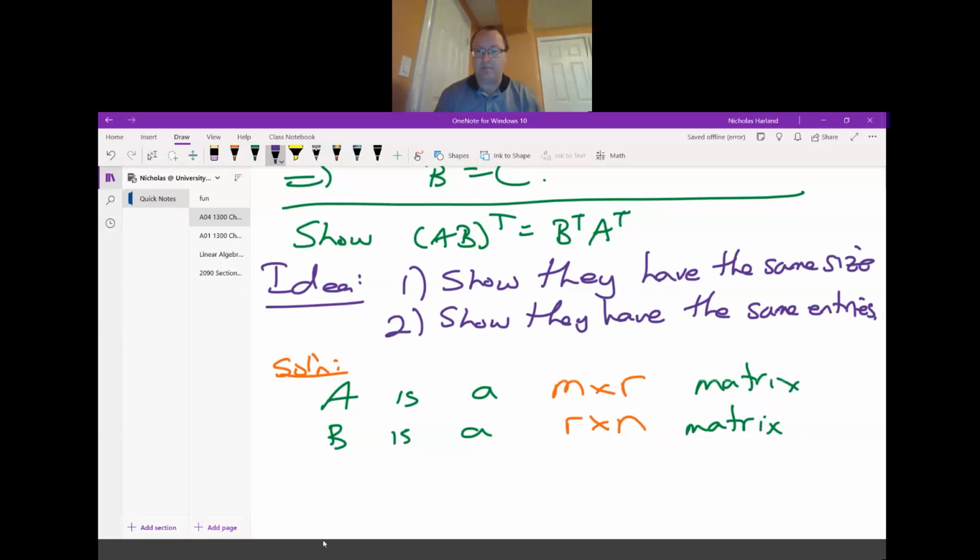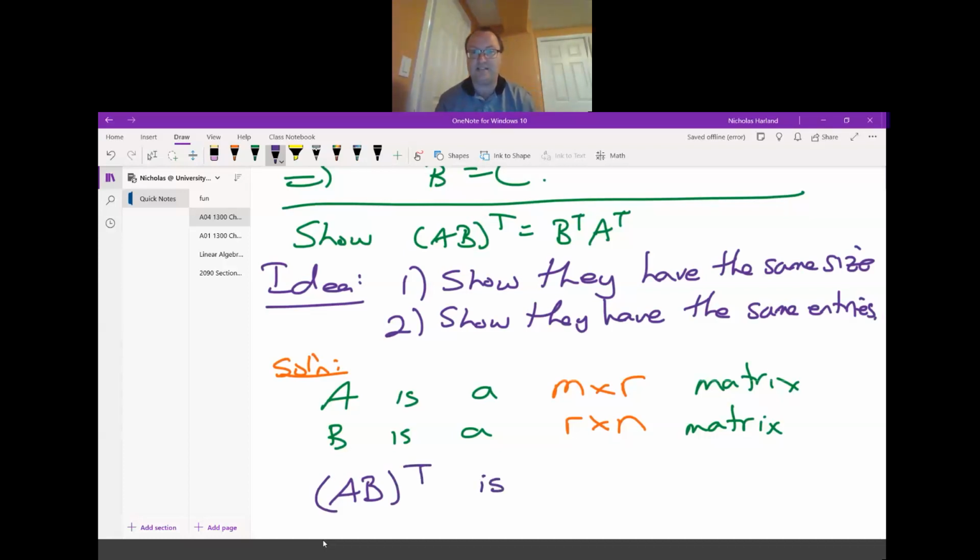Okay. So if A is M by R and B is R by N, then what is the size of A times B? I know you can take the transpose of any size matrix. It doesn't have to be square. So A times B is an M by N matrix.